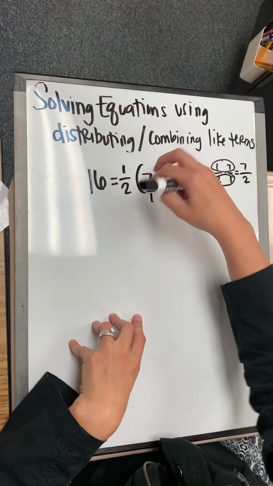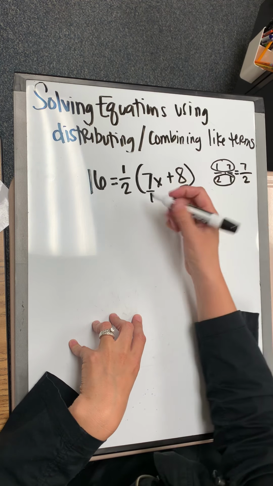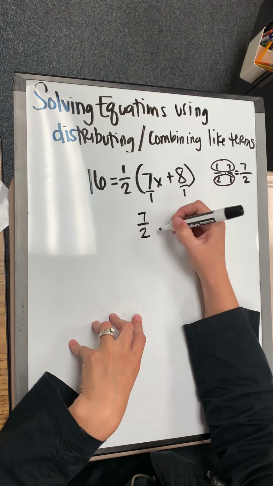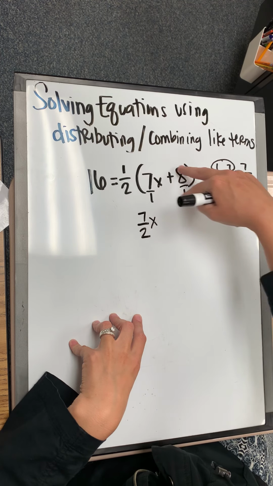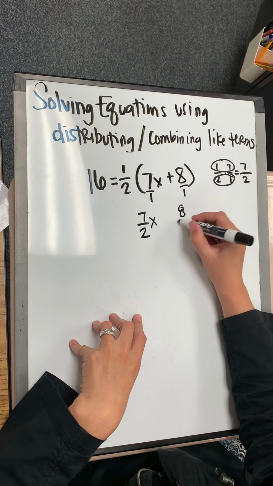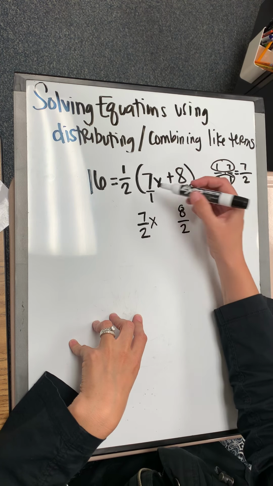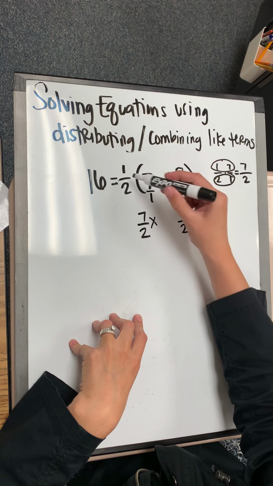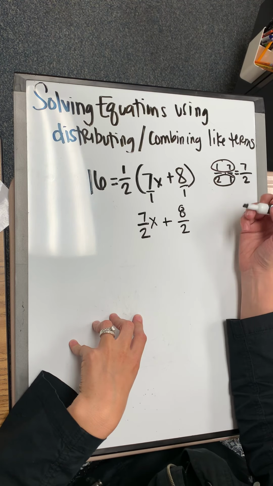So that becomes 7 halves x. We distribute it to the other fraction: 1 times 8 is 8, 2 times 1 is 2. And we check our signs again: a positive and a positive is a positive.